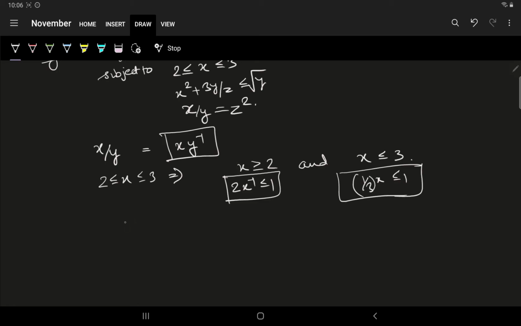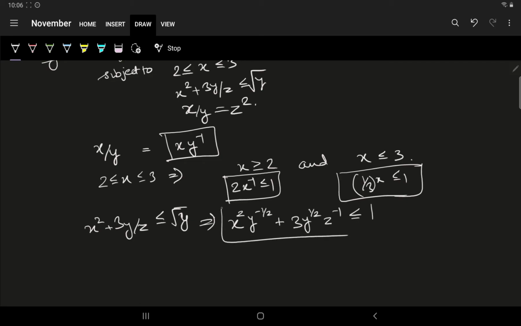And x square plus 3y by z less than or equal to root of y. You can bring it to one side and say that x square y to the power 1 by 2 minus 1 by 2 plus 3 times y to the power 1 by 2 z inverse, and we can write this.